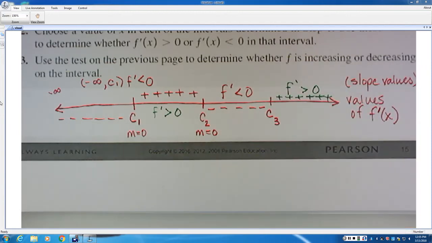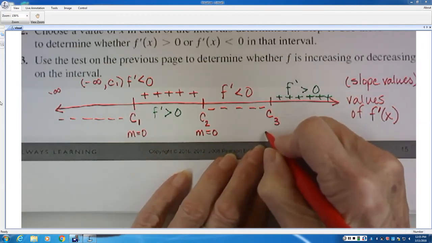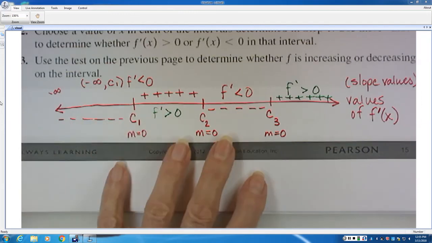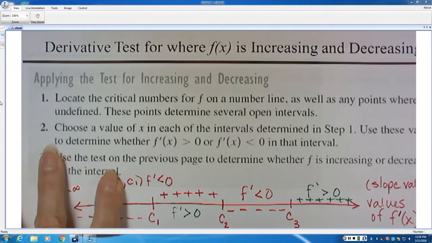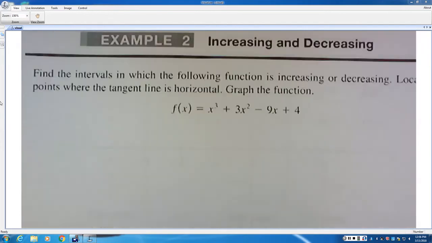Okay? Keeping in mind, one more time, that at these critical points, the slope was equal to 0. That's kind of what those 4 steps tell you to do. But we're going to actually go through the 4 steps in a problem so that it'll make a little more sense to you rather than just try to read words and see what it says to do.